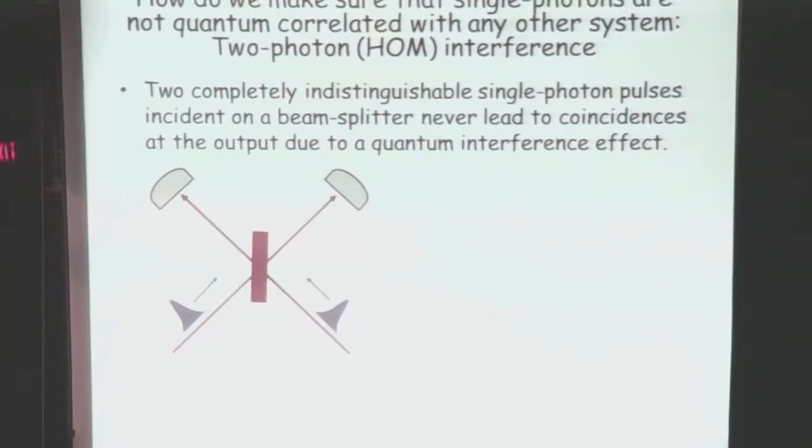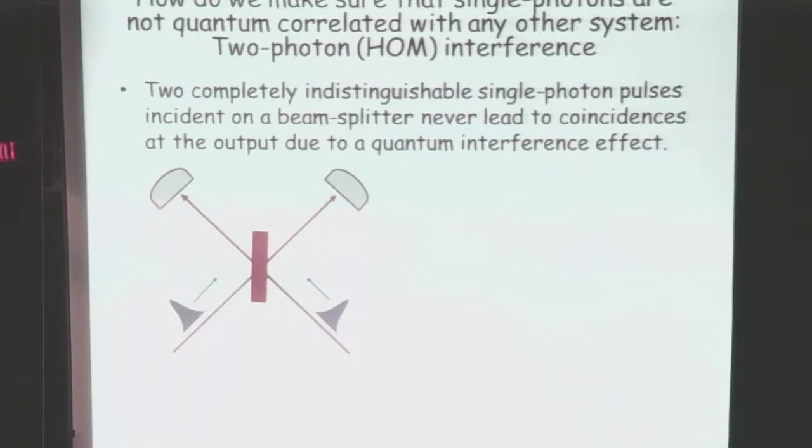To avoid this possibility, one has to show that the photons are indistinguishable. That is, if you prepare two photons, there is no way, other than their propagation direction, to tell the difference between the two photons.